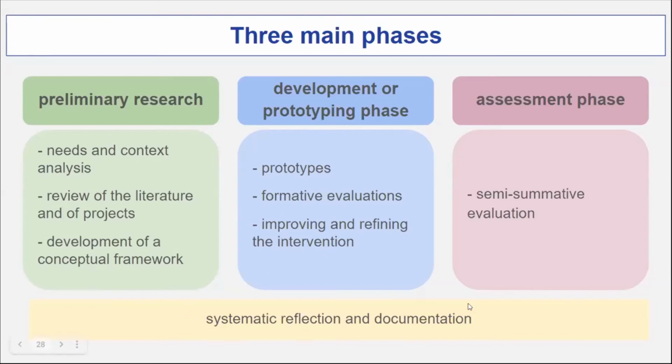And throughout all these activities, the researcher or the research team will do systematic reflection and documentation to produce the theories as the scientific results of the research, besides the intervention that is more practical.